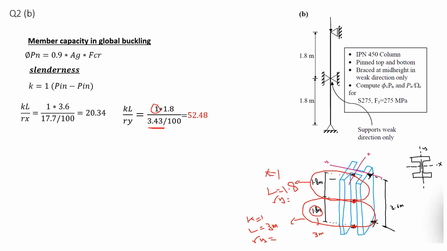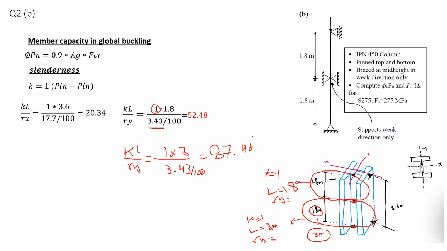Wait a second. If this one was 3 meters, let me continue. You will have to check KL over RY for this part. So this becomes 1 for K multiplied by 3 meters divided by RY, 3.43 divided by 100. Let me check and calculate. This would be 87.46.